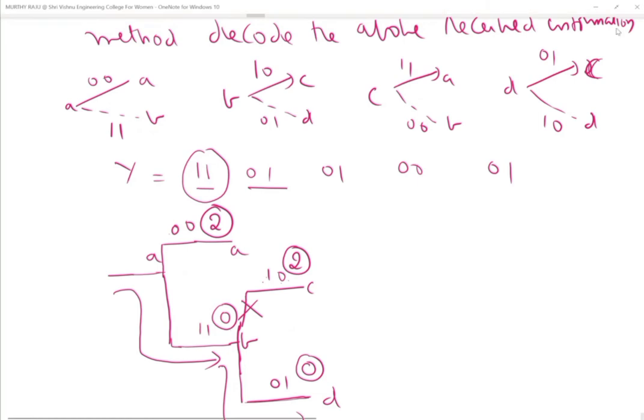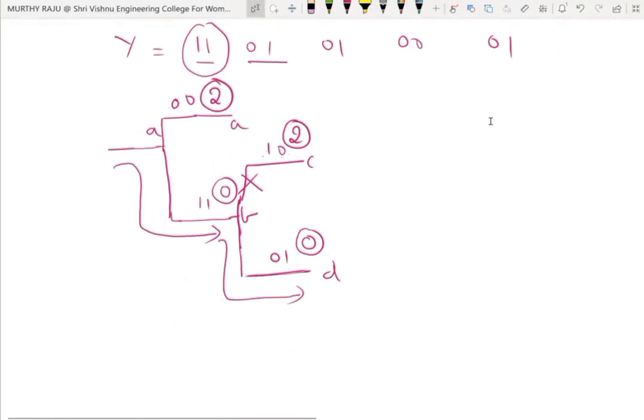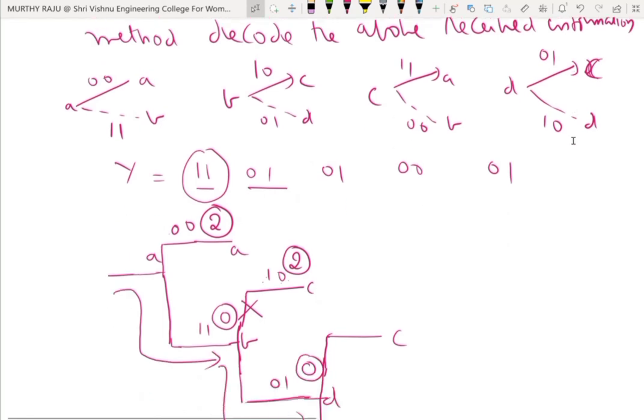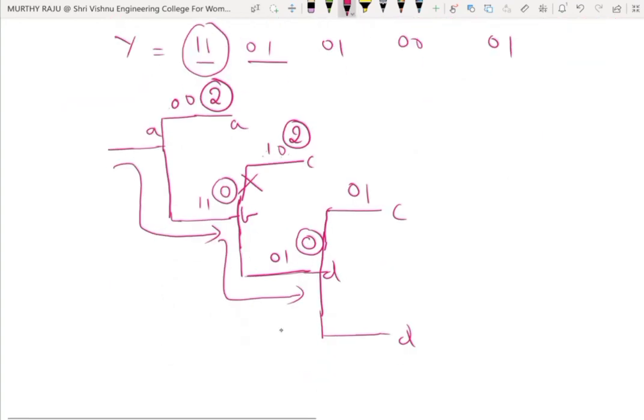From D to C and D to D. The outputs are 0 1 and 1 0.